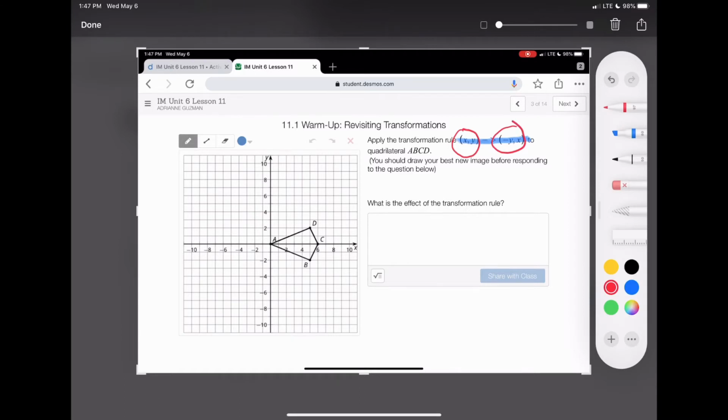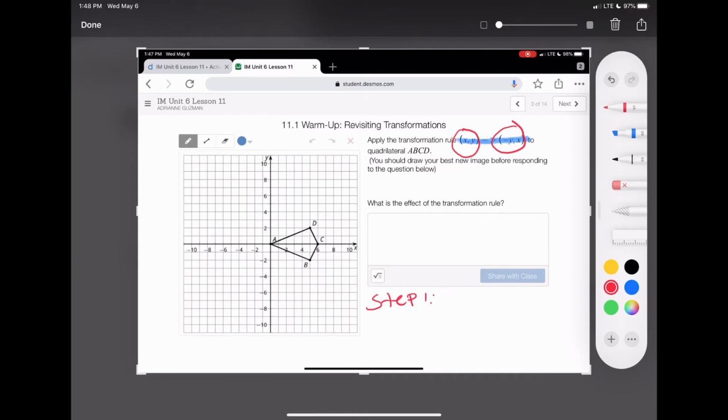The X and the Y, for one, they switch positions. And then secondly, whatever your Y is, it becomes negative. So your first step here, and maybe you can write this down so that when you're done watching the video, you know what the steps are.